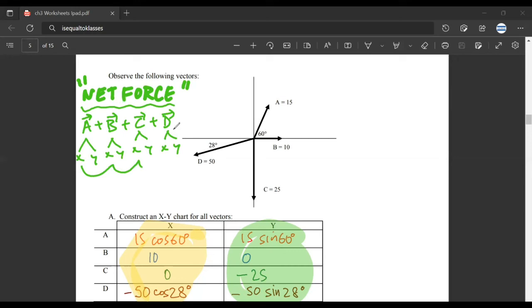Is it making sense, Chris? Yes, sir. Now I'll have to calculate the values of 15 cos 60, 15 sin 60, 50 cos 28, and 50 sin 28.